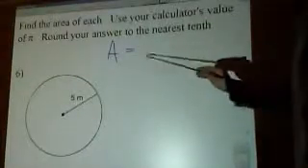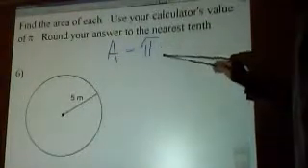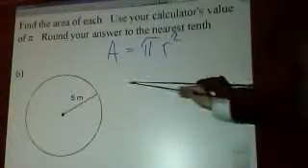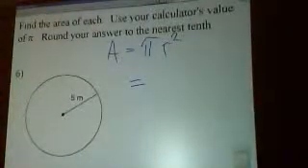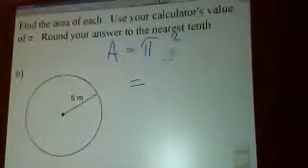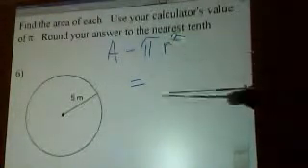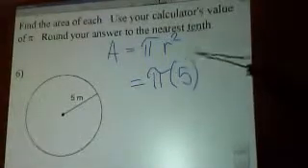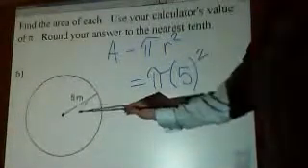So, we're going to use our area formula, which is pi r squared. Sorry about that kind of dilapidated r. So, in this case, r is 5.